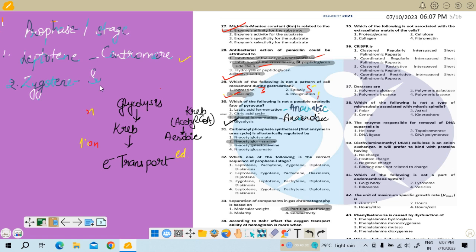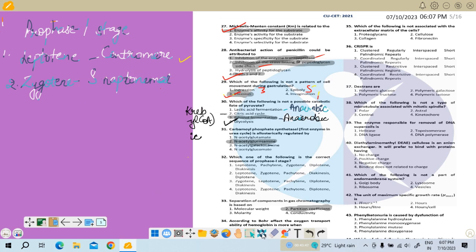Here we see synaptonemal complex. And then third, it's pachytene.